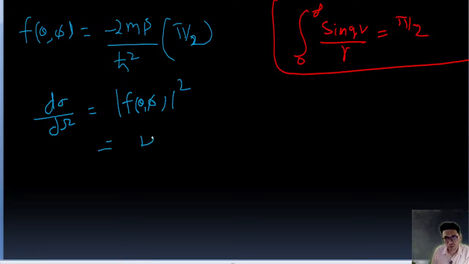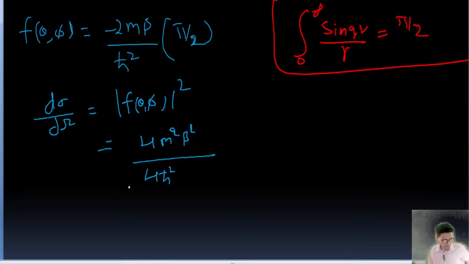So this is going to be 4 m square beta square upon 4 h cut square, 2 will get cancelled here, and pi square. My apologies, so this is pi square.